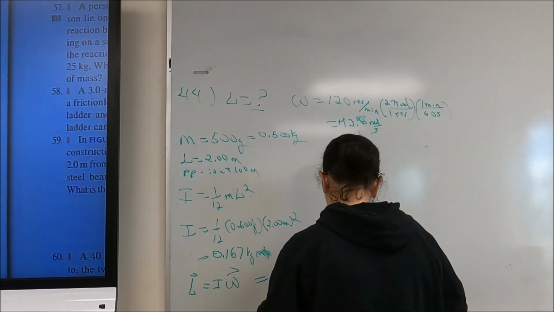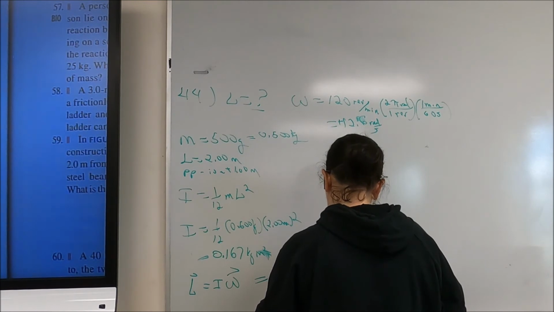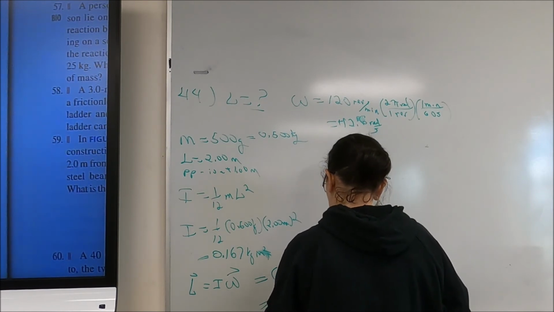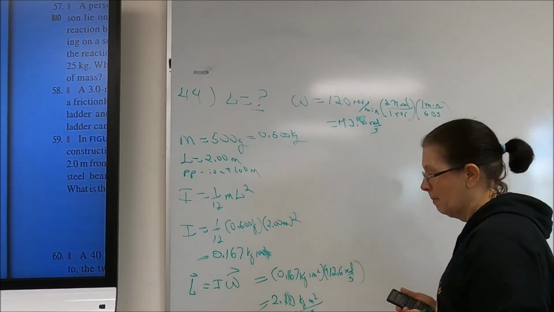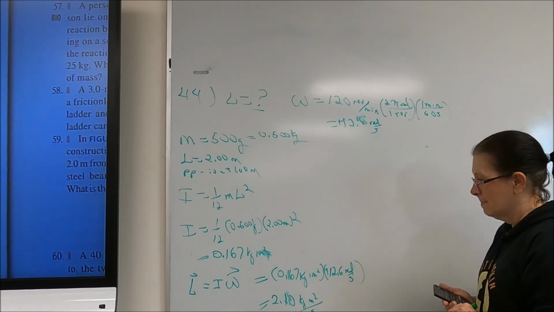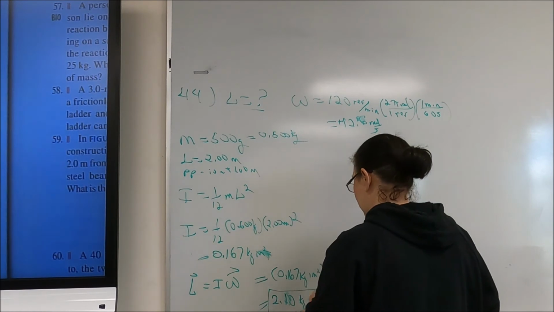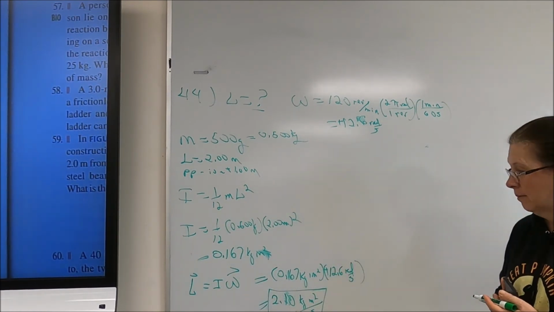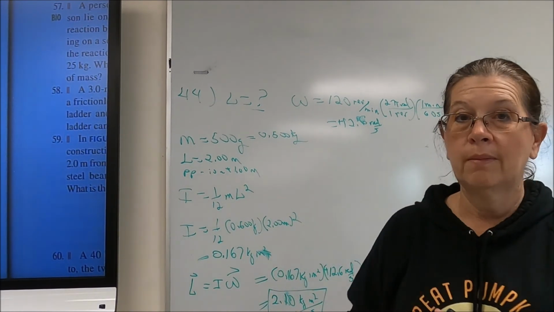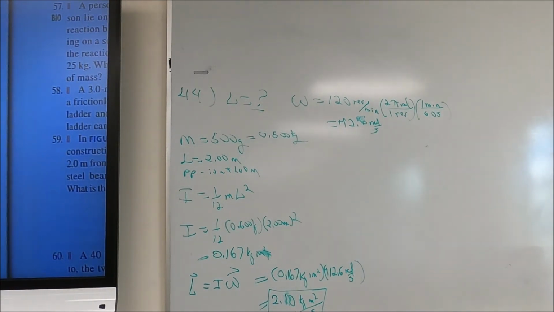So I get 2.098, so 2.10, and I have kilograms meters squared over seconds as my units. And it would be positive because it was rotating in the counterclockwise direction.